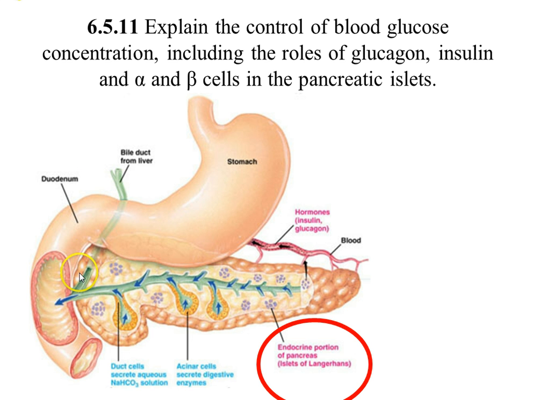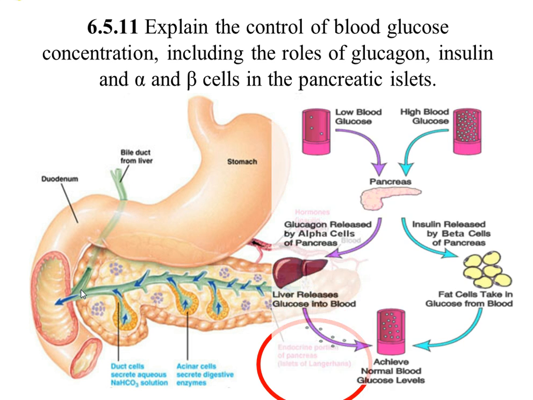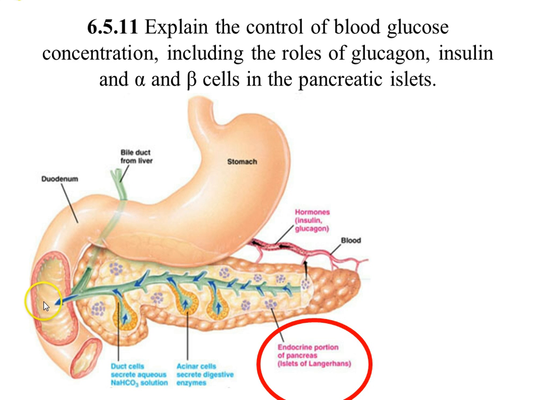This tube connects with the duct that comes from the pancreas before it hits the small intestine. And that's the interconnection you need to be able to draw. That the bile duct and the pancreatic duct connect to each other. They intersect before they dump those enzymes into the small intestine.